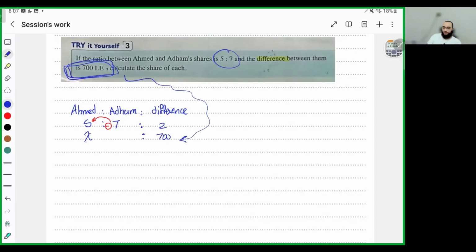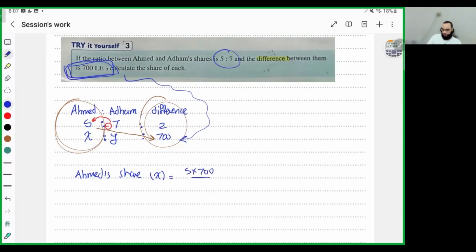Right now, can you calculate Ahmed's share, which is x? It's what times what over what? 5 times 700 over 2. Yes, excellent.